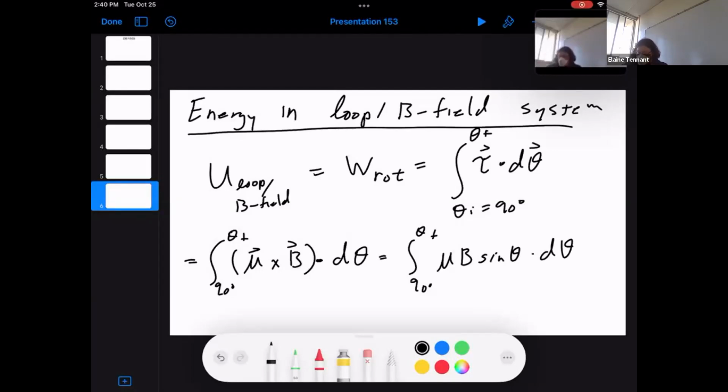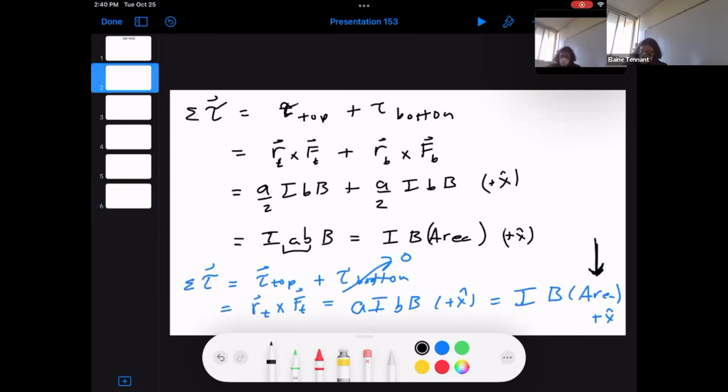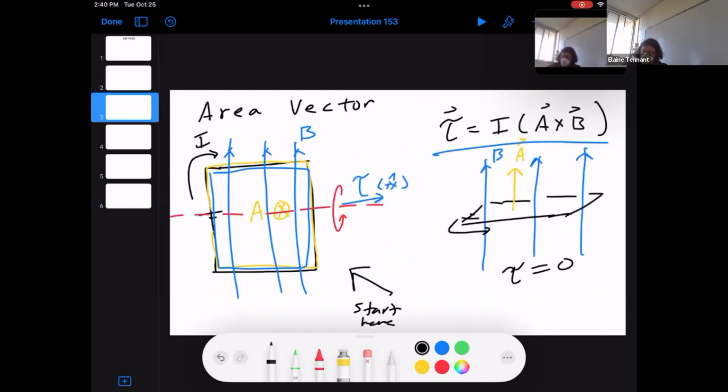Okay, and we are going to assume that the direction of this torque is in the same direction as the rotation. So when we started here, we see this torque, it's going to cause this thing to spin. So the direction of the torque, the direction it's being spun in, is the same as the direction of its angular displacement. Okay.